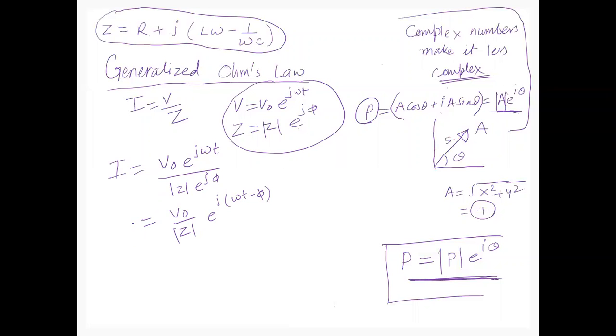This is my I. Now, how do I rewrite this in terms of cosine and sine? You know what? I made a mistake here. It is cosine of omega t minus phi plus j sine of omega t minus phi.